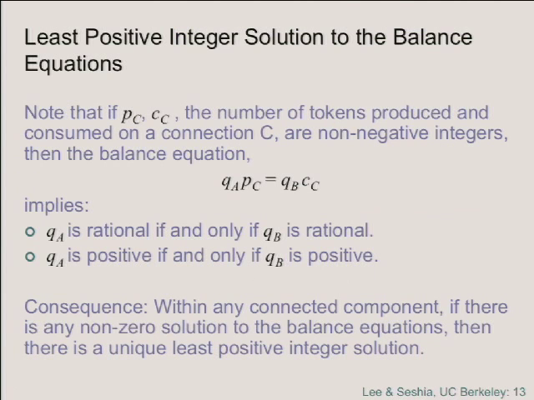If you can find a solution at all to the system of equations, you can find a rational solution, okay? And if you can find a rational solution, you can find a least common multiple of all of the denominators and therefore find an integer solution, okay? The fact that there is a least integer solution and that it's unique is not quite so trivial, okay? But the fact that there is an integer solution is pretty trivial.